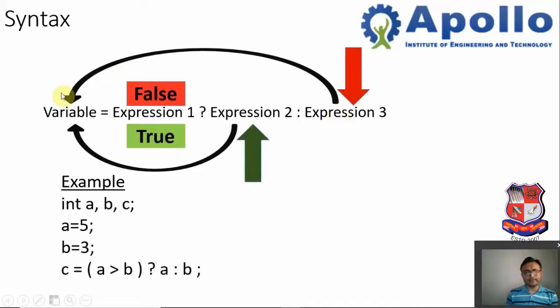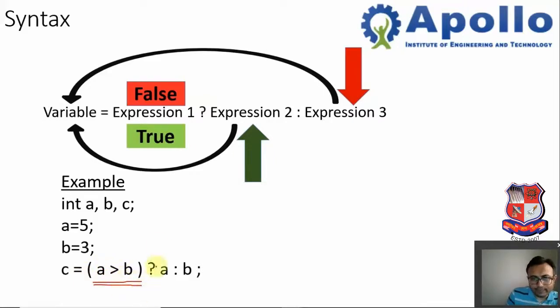Now let's check the example. In our example we have 2 values, a is equal to 5 and b is equal to 3, and as per our syntax, expression 1 is a condition. Let's check the pen. This is expression 1 in our example, which is a condition, and we are checking if a is greater than b or not.